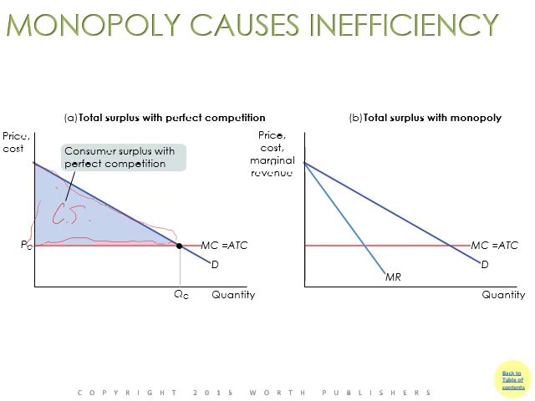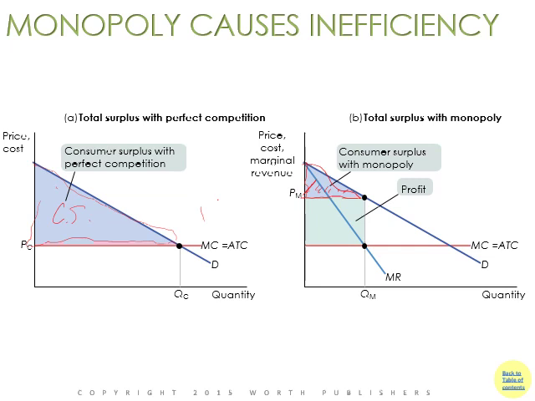Then we move to the second diagram, and we see that consumer surplus is the area under the demand curve to the price line, which would be this dark shaded area.